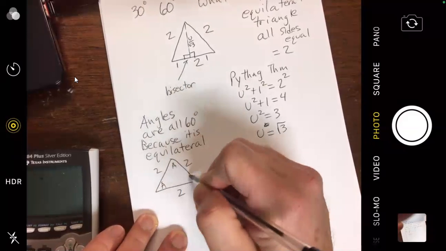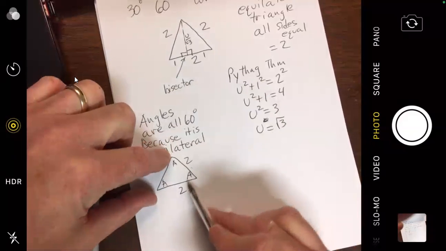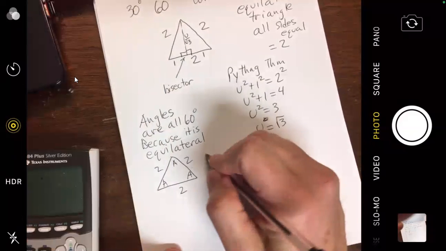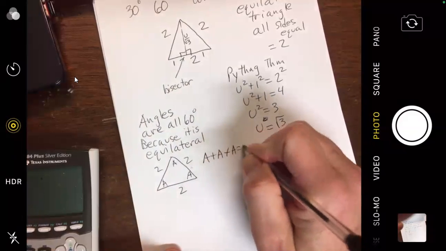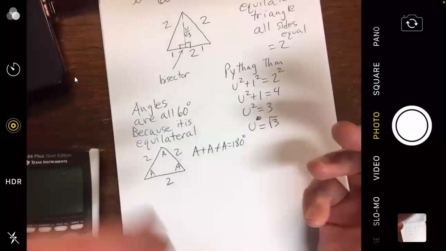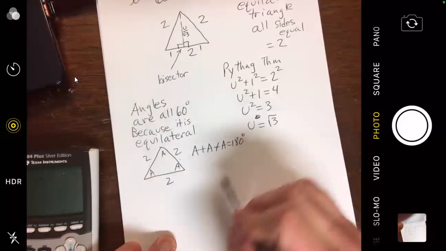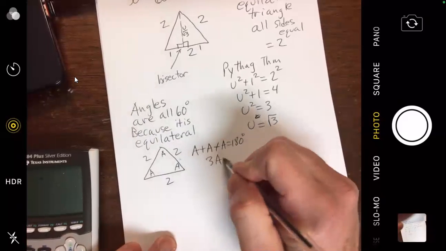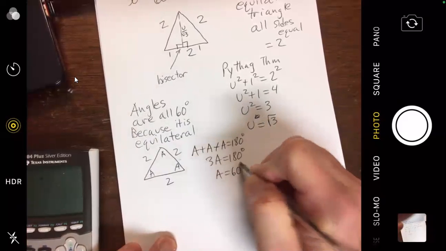Angle A, all the angles have got to be the same. All angles of any triangle have to add to 180 degrees. 3A equals 180 degrees, so A is 60 degrees.